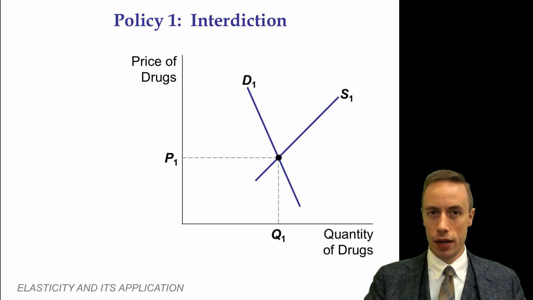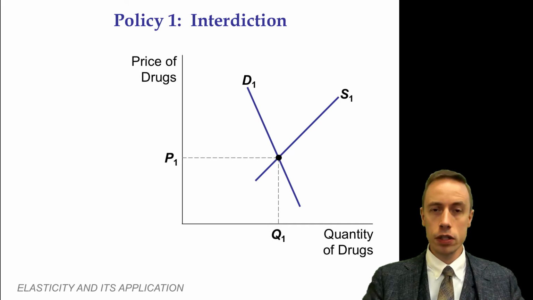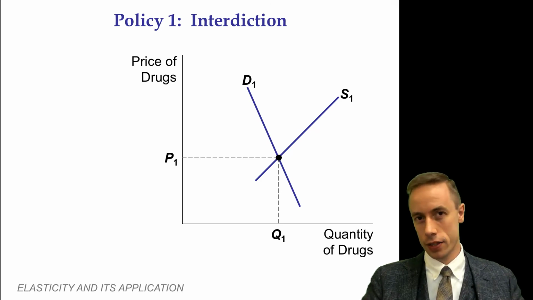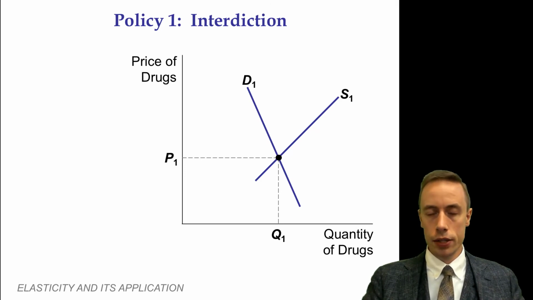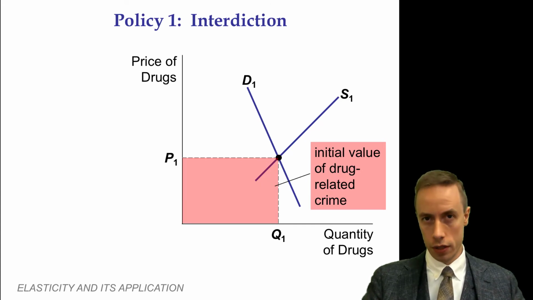Not just the health of the drug users, but also that when it comes to affording these drug habits, when it comes to the revenue spent on illegal addictive drugs, there's a lot of crime that finances that revenue. So let's go ahead and draw in the rectangle that represents the revenue in this illegal drug market. Price times quantity, there's our rectangle. And let's treat that as a proxy for the amount of crime that's being generated.